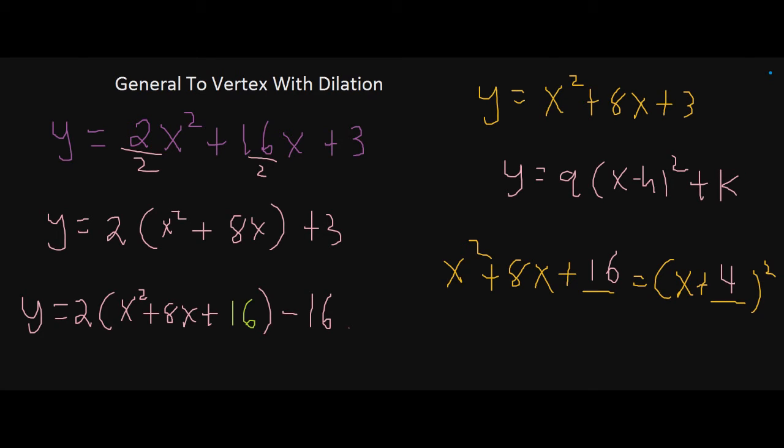Now, you have to understand, before, when we had this problem, the 16s canceled out to give me 0. And that was really important because we cannot change our equation. But we have to be careful, because if we were to distribute this 2 out, we will get 2 times 16, which will give me 32. So if we're going to subtract 16, 32 minus 16 is not going to cancel out. We want it to be 0.